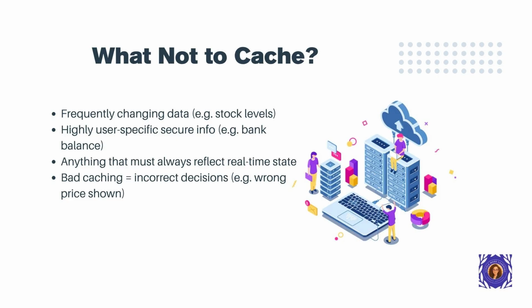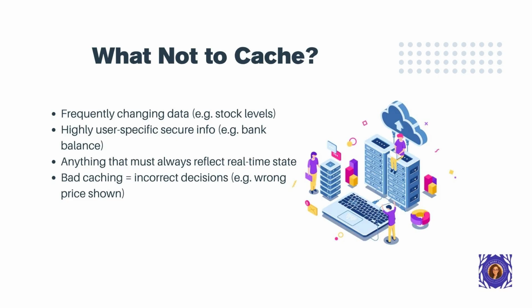Highly user-specific secure information, critical, personalized data like a user's bank balance, personal health records, or current order status in a financial or healthcare application should never be cached in a shared cache due to privacy and security implications. Anything that must always reflect real-time state.